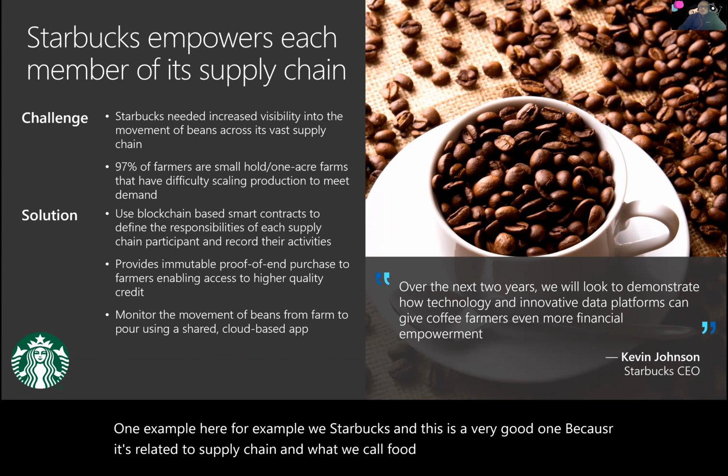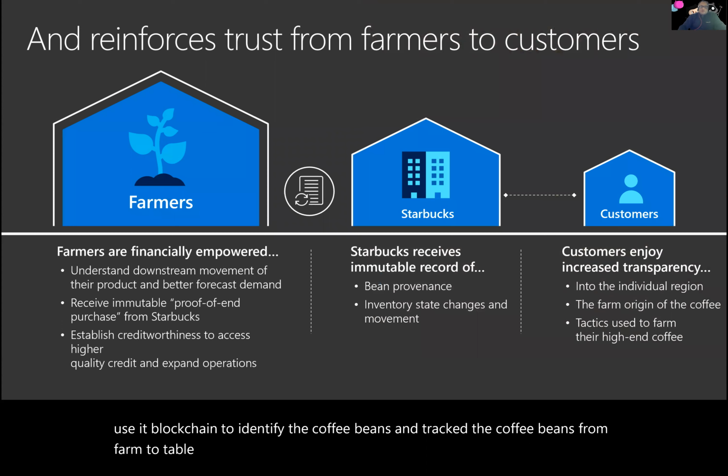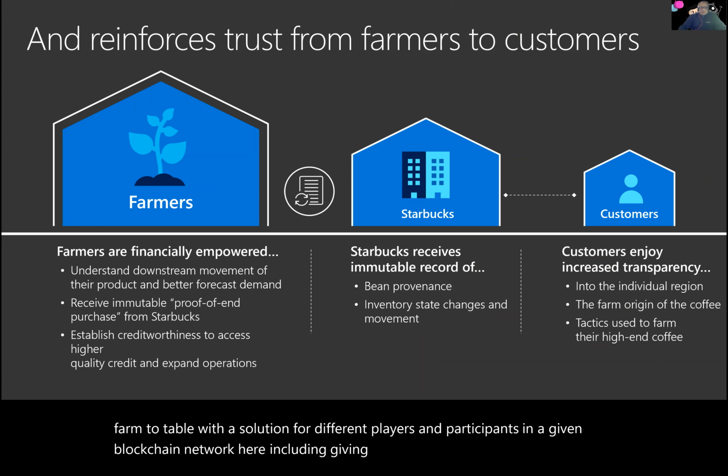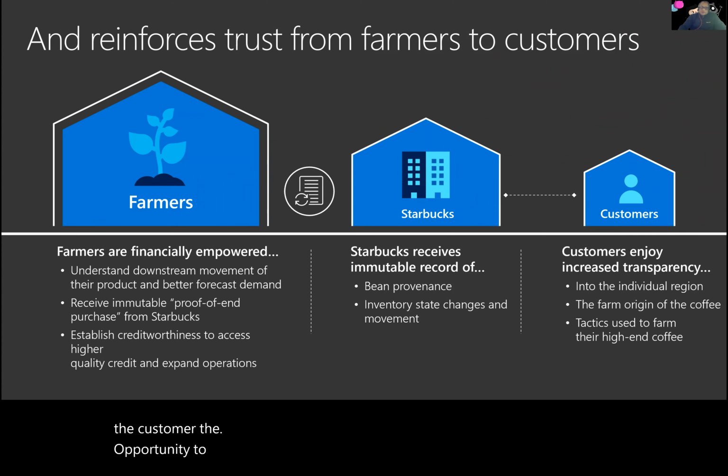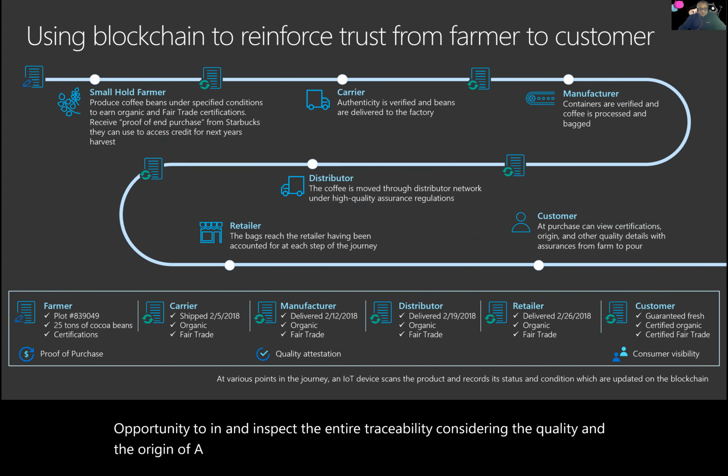So Starbucks uses blockchain to identify the coffee beans and track the coffee beans from farm to table with a solution for different players and participants in a given blockchain network here, including giving the end user, the customer, the opportunity to scan and inspect the entire traceability, considering the quality and the origin of a given coffee bean in the product.